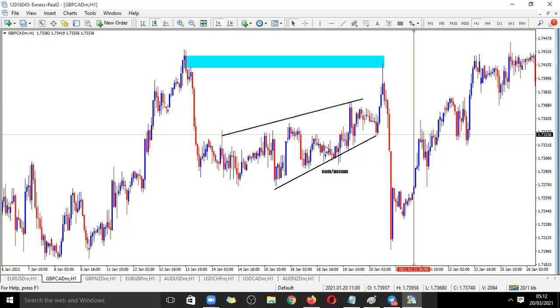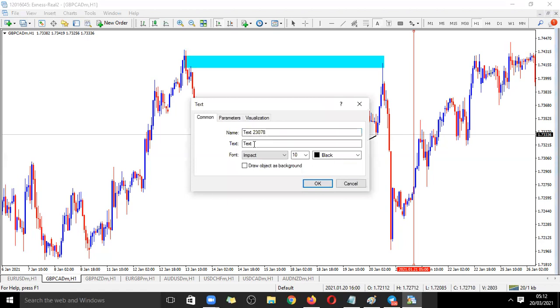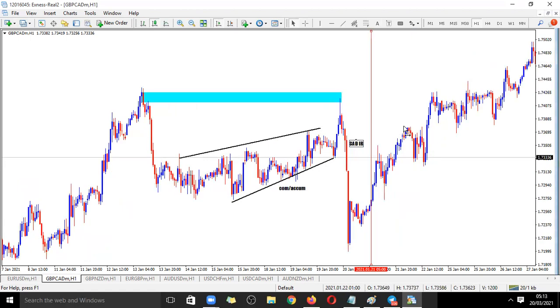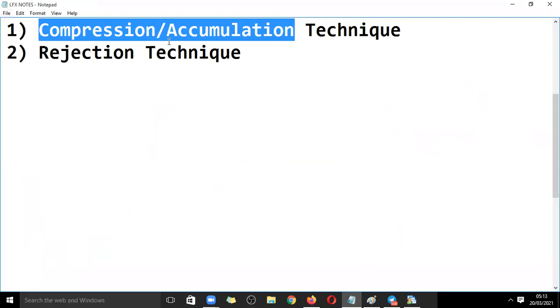Before the event got released, price was compressing, stroke accumulating. As soon as the event got released, price reversed. This was the Canadian interest rate news. You can see how price reversed massively. That's the power of the compression technique. It's very powerful.